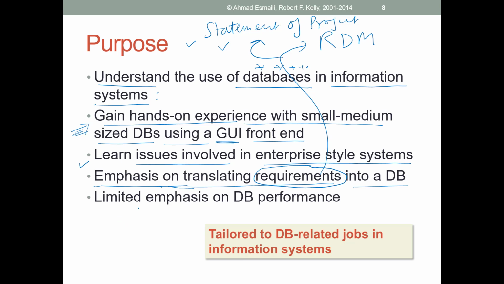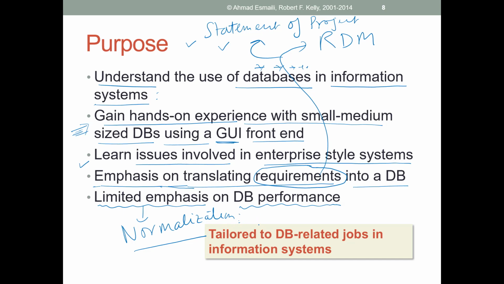Now, in ISE 305, here we have very limited emphasis on database performance. Okay, so limited means we will only look at normalization. Okay, normalization, normal forms. This is something we will be learning towards the end of the semester.